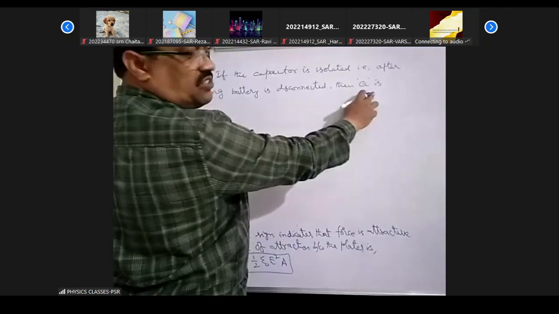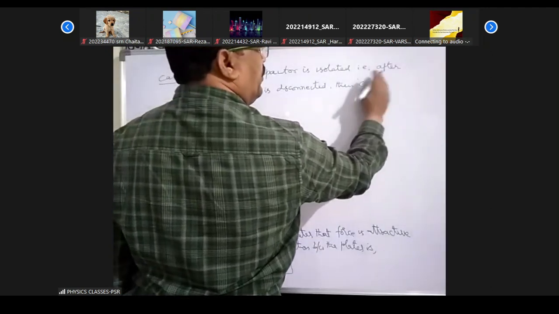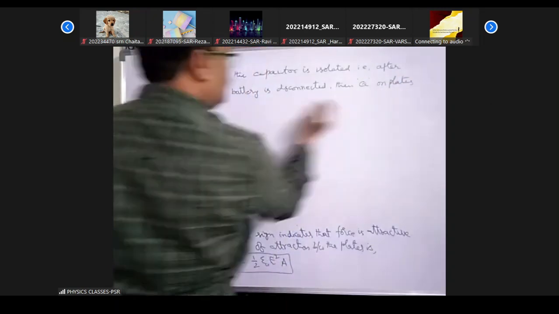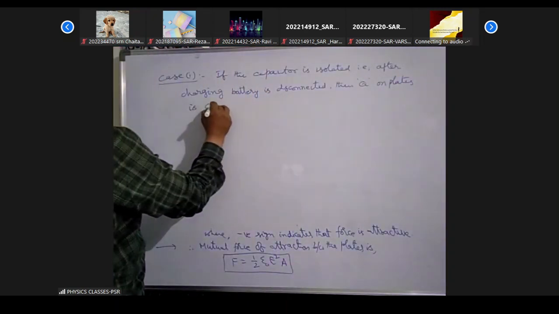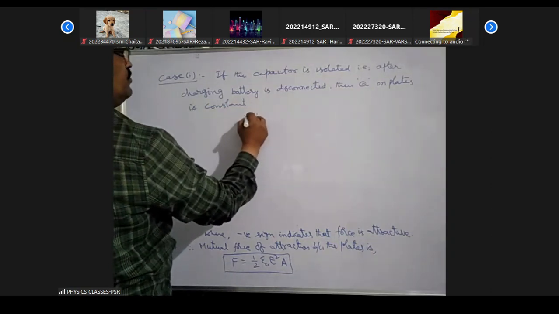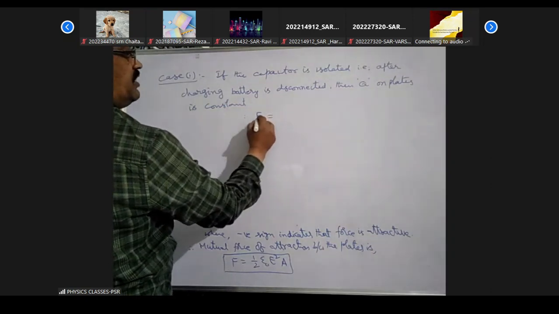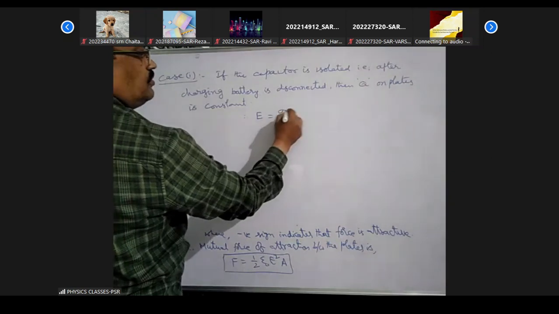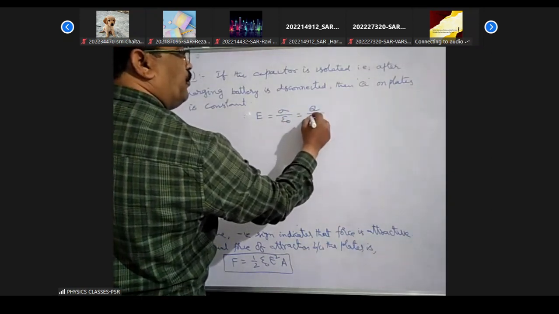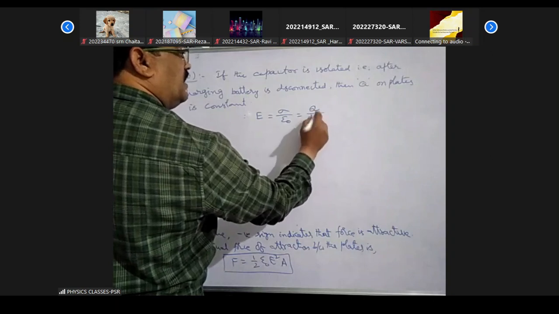Charge on the plates is constant. Therefore, electric field between the plates E is equal to sigma by epsilon naught, which is equal to Q by epsilon naught A.